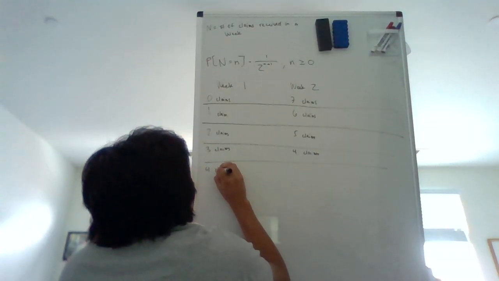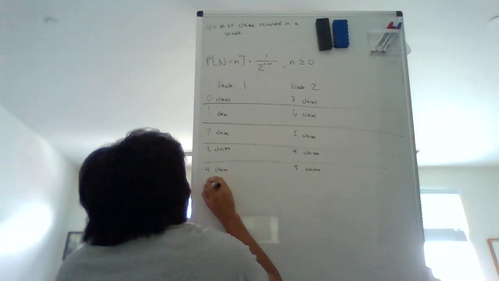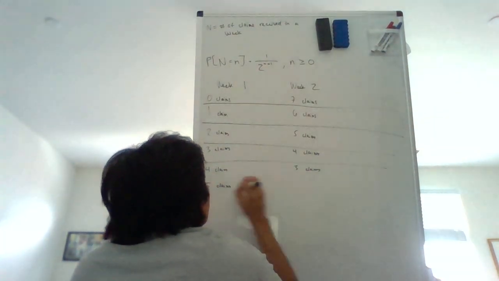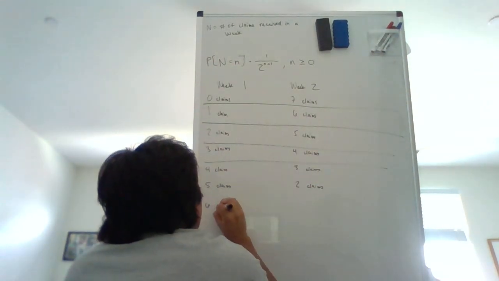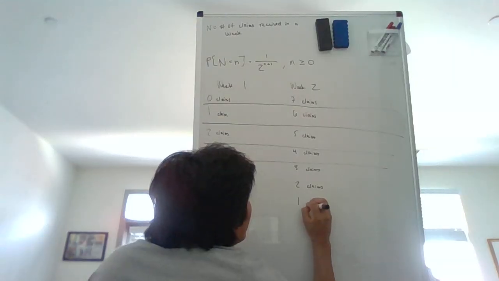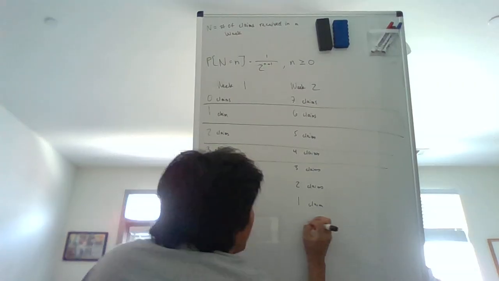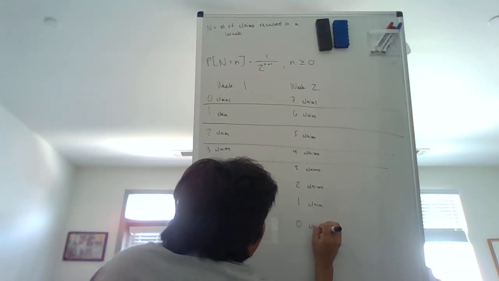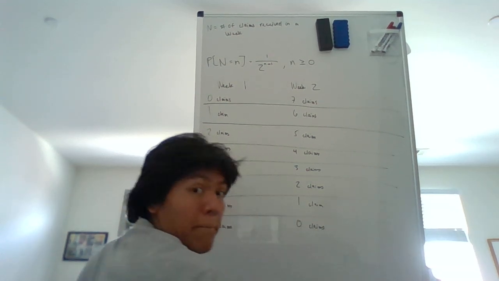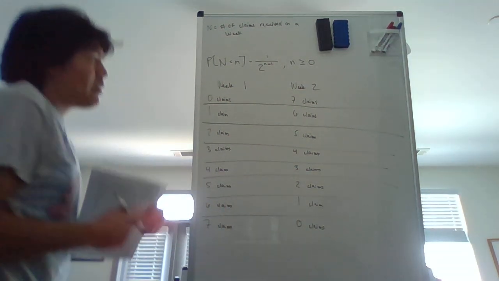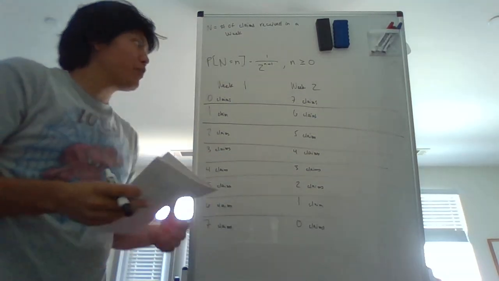And then we'd start going up here, going down here. 5 claims, 2 claims, 6 claims, 1 claim, 7 claims, and 0 claims. Alright, so these are all the possible ways of splitting up exactly 7 claims over a 2-week period.